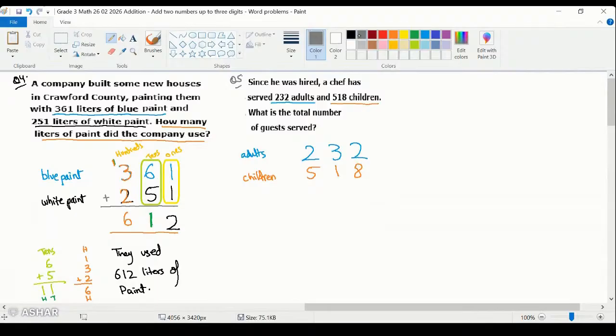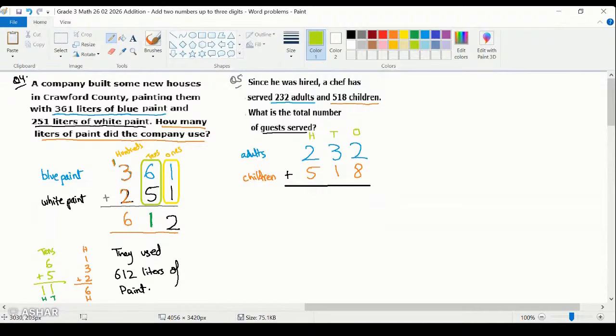So we add them together to find the total number of guests. What should be the total number of guests? We know that these values were the ones, these are the tens, and this was the hundreds.